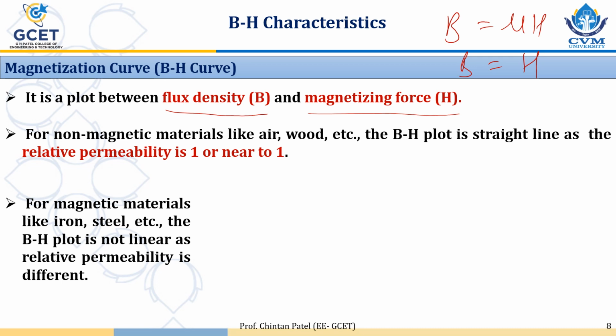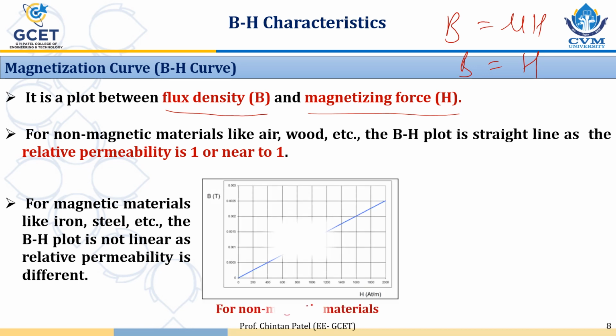But for a magnetic material, the value of mu is considerable. It is many times greater than 1, and because of that the BH graph or BH plot is not a straight line, but it is a curve. So here you can see a BH curve. B is taken on y-axis and H is taken on x-axis.